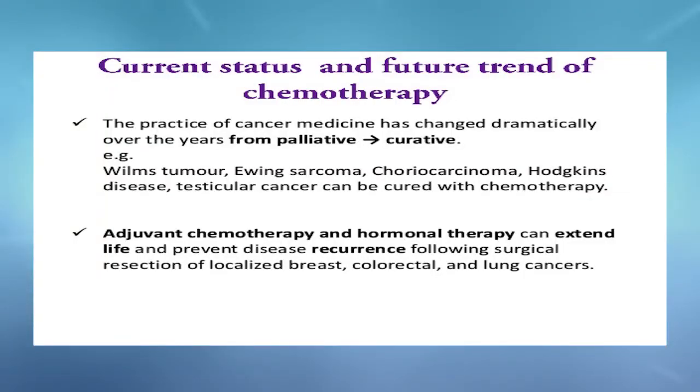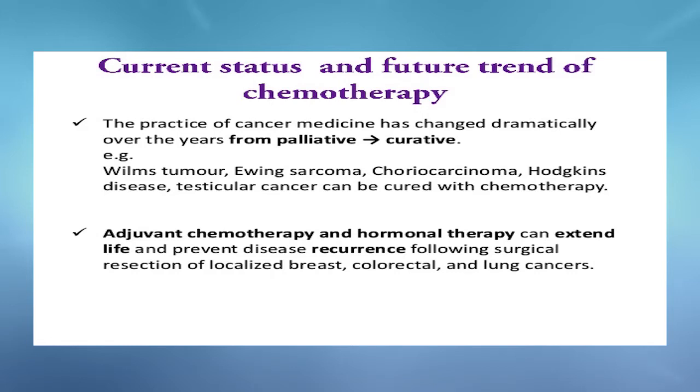The current status and future trend of chemotherapy. Chemotherapy, since its discovery 70 years ago, was started as a palliative treatment, and nowadays it has become a curative treatment for a number of diseases that we're going to talk about.